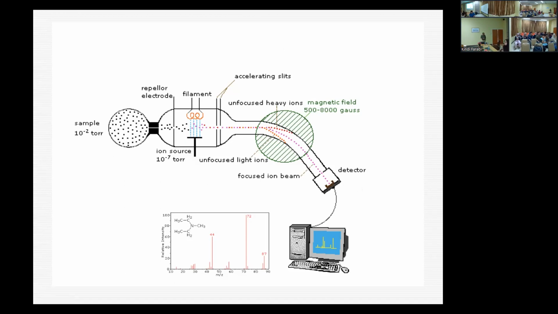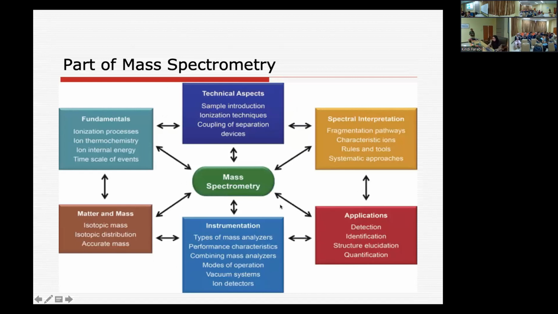Selanjutnya Pak Tindi atau Bu Rani. Nah, kalau kita lihat part of mass spectrometry, yang pertama adalah instrumentasinya: ada tipe mass analyzer, performance dan karakteristik, kombinasi analisis, mode analisis dari operasi, sistem vakum dan juga ion detektor.